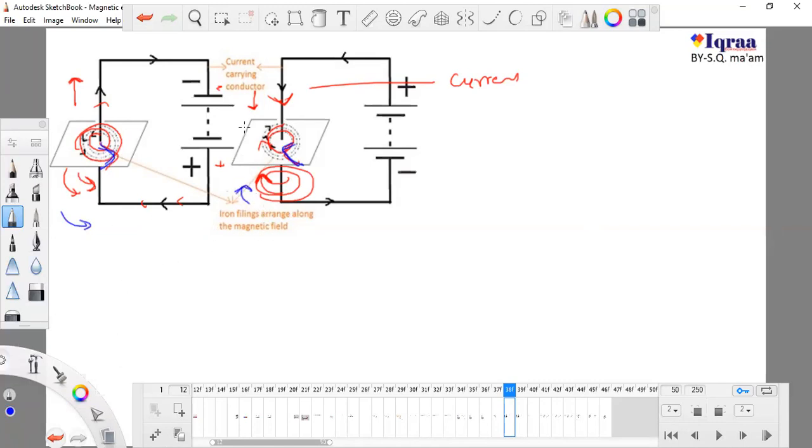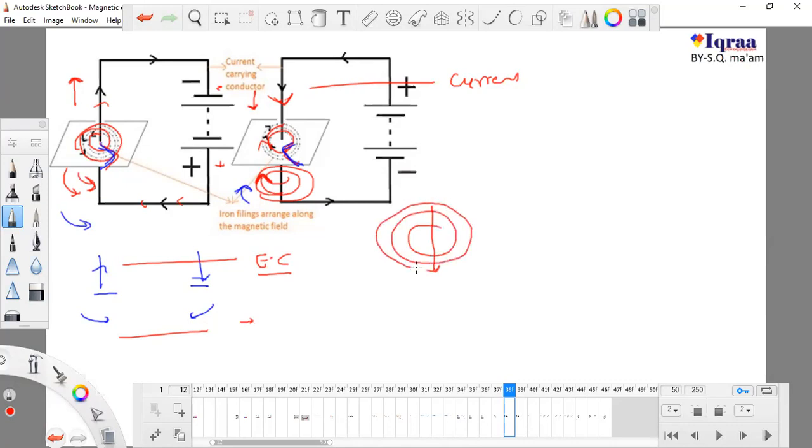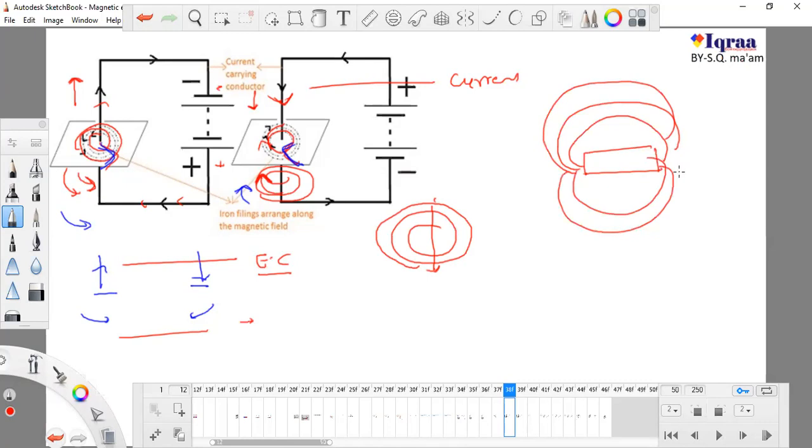So why so? Because there is definitely a change in direction, because there is a change in the path or direction of electric current. These two are the path or direction of electric current, and these two are the direction of magnetic field lines. Definitely magnetic field lines originate, because if this is a magnet, there are magnetic field lines, as we studied like this.